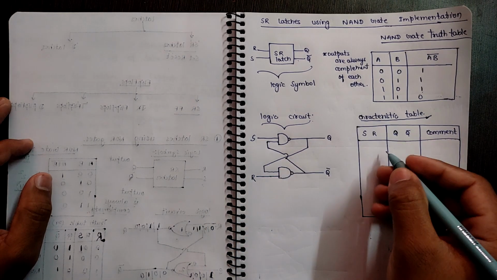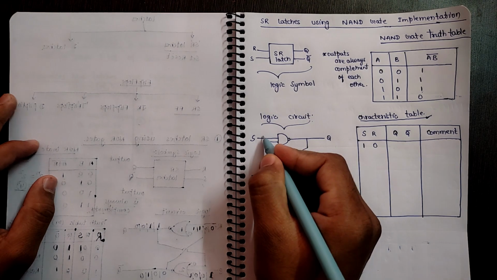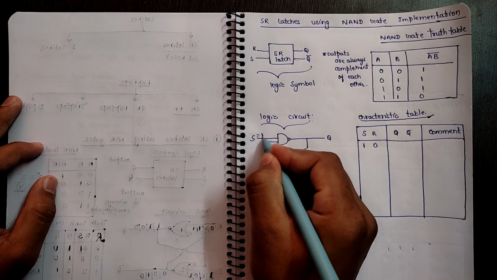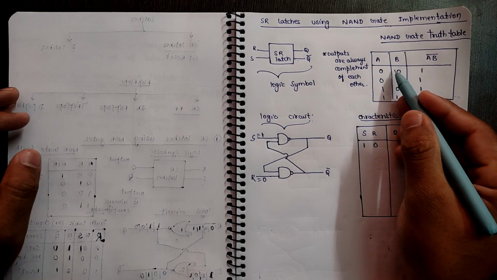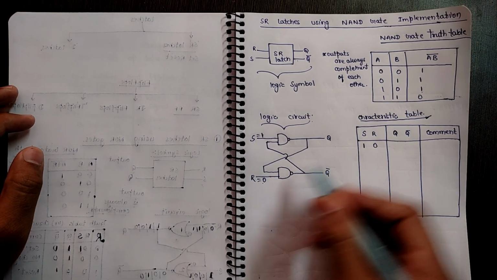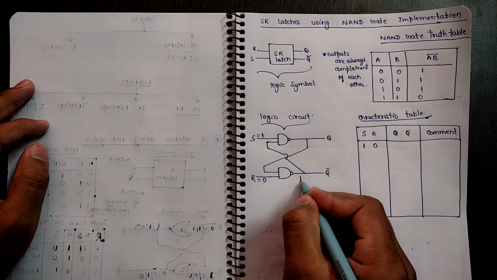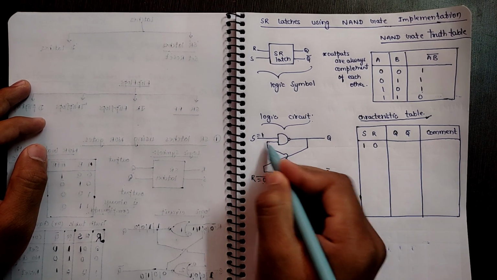So we will take our first case, S is equal to 1 and R is equal to 0. When we take S is equal to 1 and R is equal to 0, we know by the working of the NAND gate that if any of the input is 0, we will get 1 as our output. So this output will be going to the input of this NAND gate.